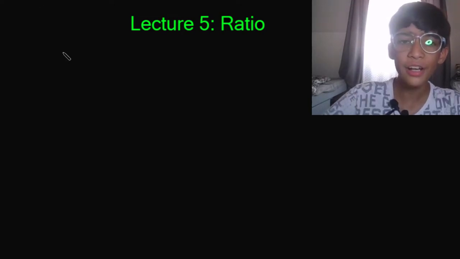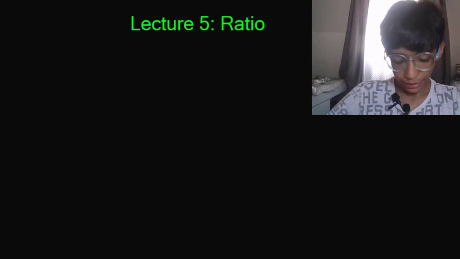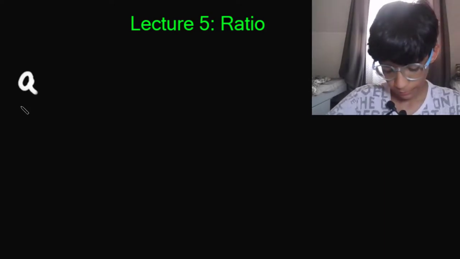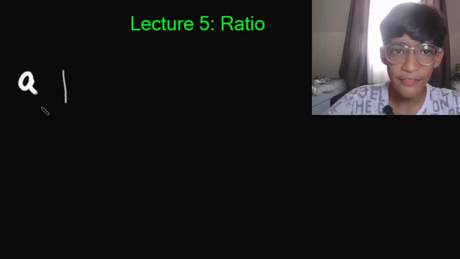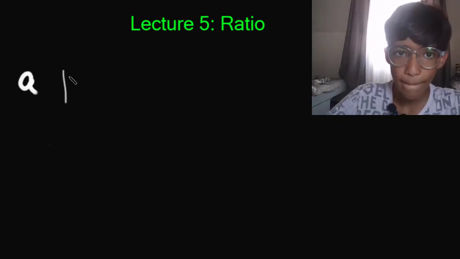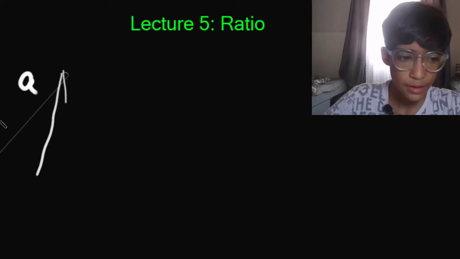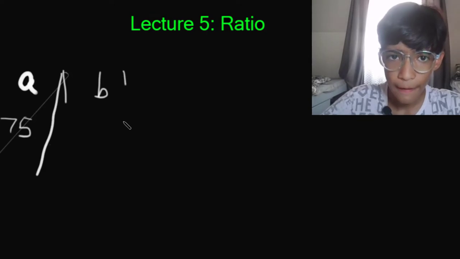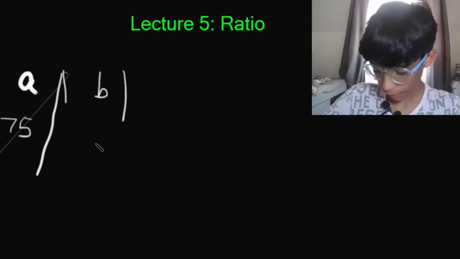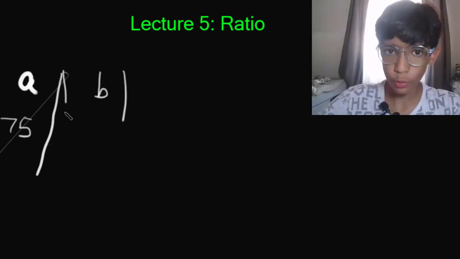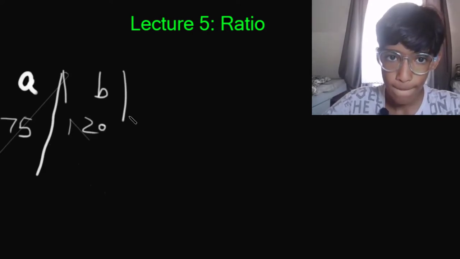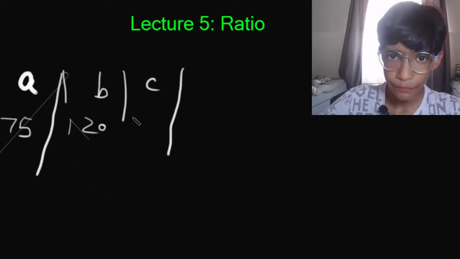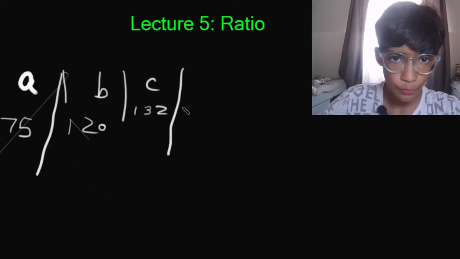So let's get started. The question is, given that A is 75, B is 120, and C is 132.